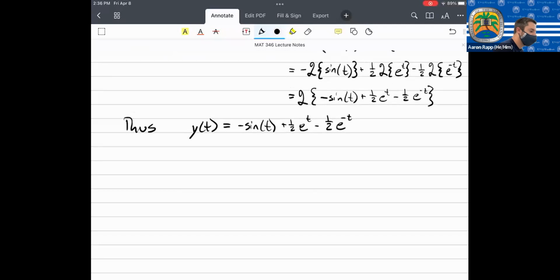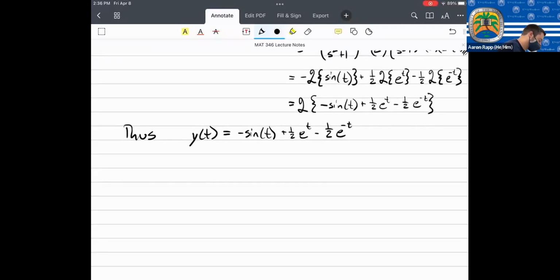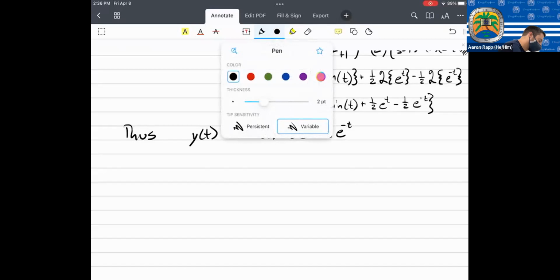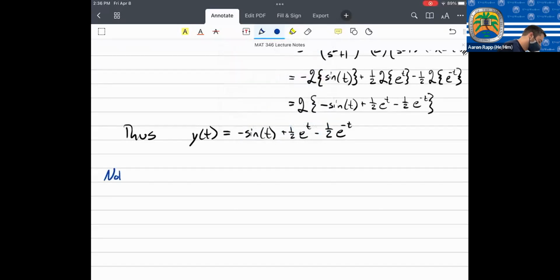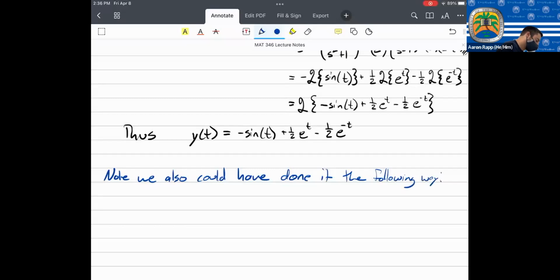All right. So just one little note. We'll do this in blue. What I'm talking about is when we go back to that Laplace transform, with this right here.